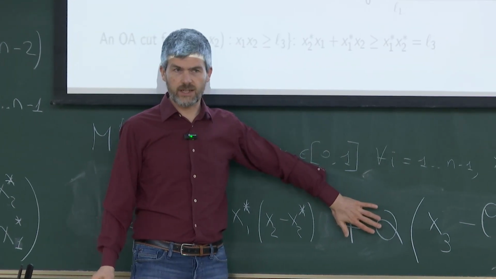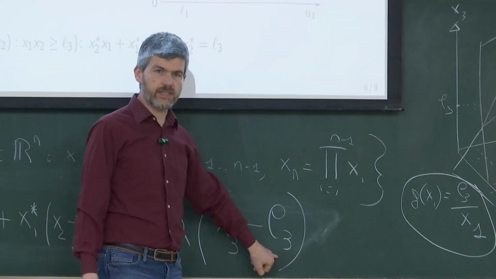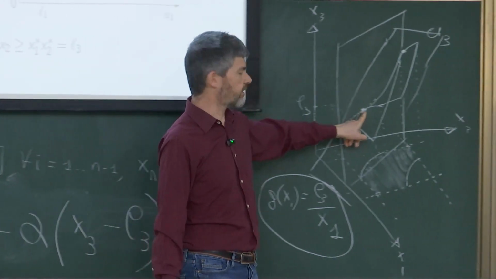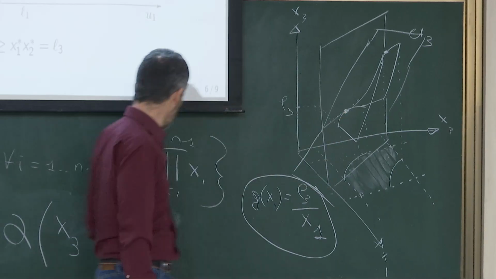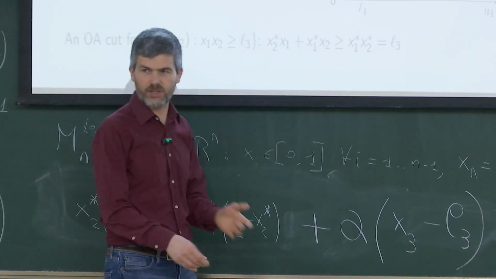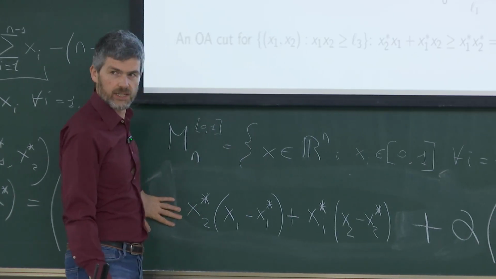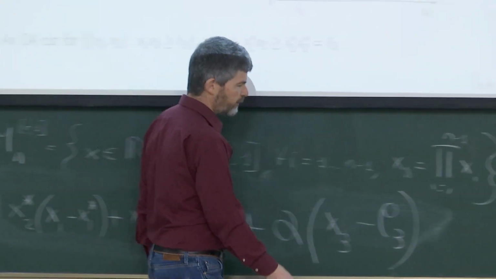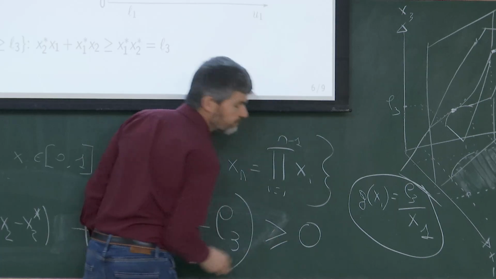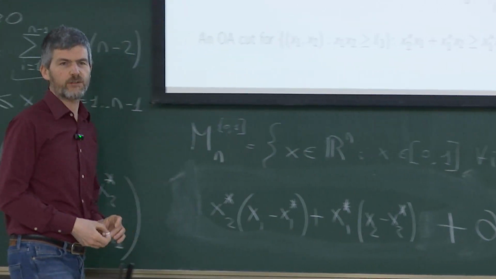Alpha we don't know, and we can discuss it later. x3 minus L3 is going to be 0 when x3 is equal to L3. So that's fine. If the lifting is actually good, because when x3 is equal to L3, the lifting disappears and we get back our inequality. What is alpha? How do we compute alpha?